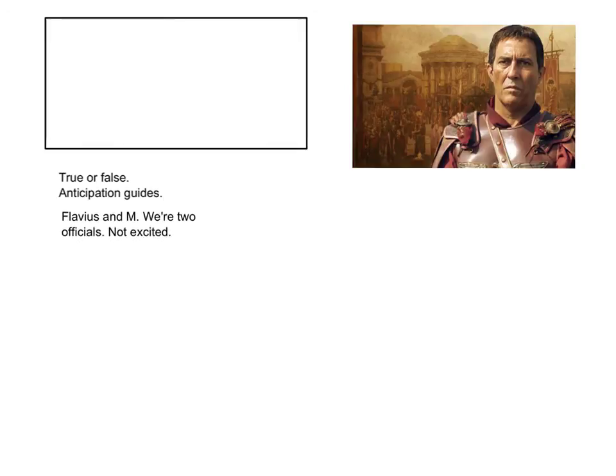Another example would be Calpurnia is to be touched by Caesar to cure her barrenness, and we know this is false. Antony touches her. Another example, Calpurnia calls out the death of Caesar 3 times in her sleep. This is true. But these are pulled directly off of your anticipation guide, so you want to make sure you look at them.